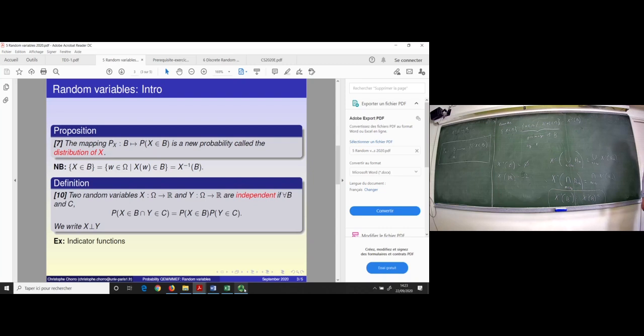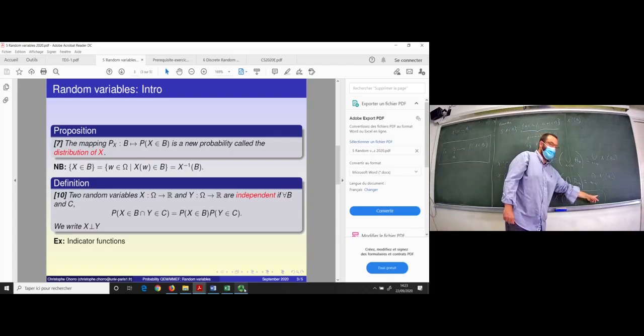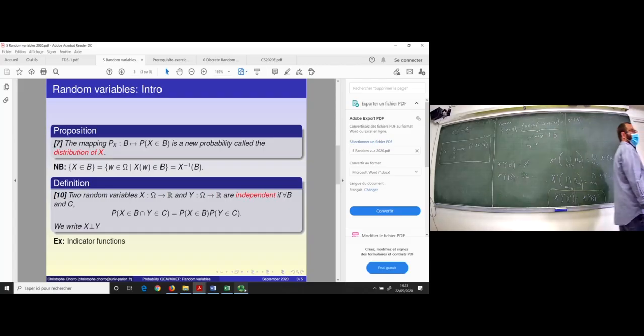If I change the universe, I change the definition of the complementary set. Here you have complementary and complementary here. But be careful because they are not related to the same universe.